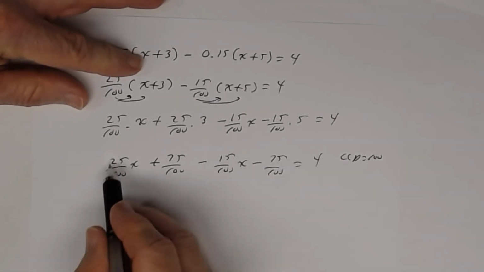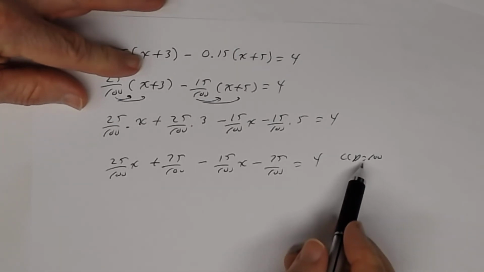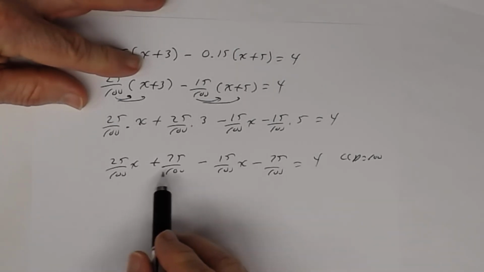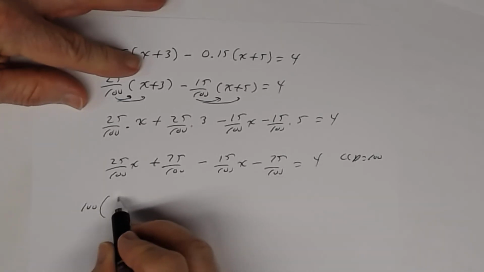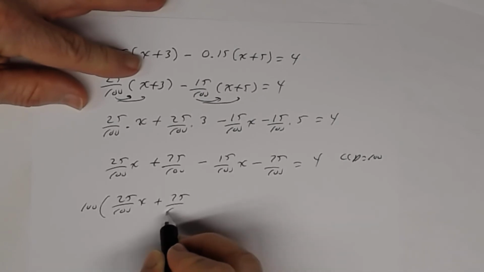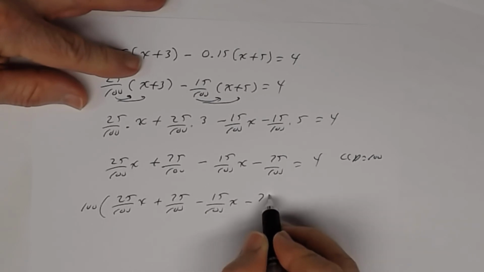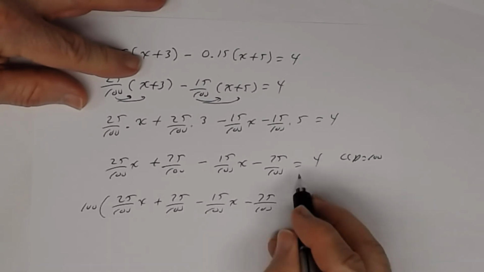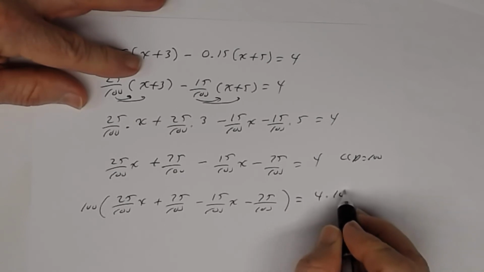So watch how simple this is. I'm going to multiply both sides by 100. Remember the whole point of multiplying by 100 is to clear those fractions. So I get 100 times the left-hand side, 25 over 100x, plus 75 over 100, minus 15 over 100x, minus 75 over 100, right? Equal, and then this is 4 times 100.